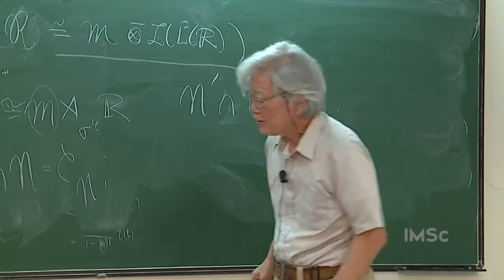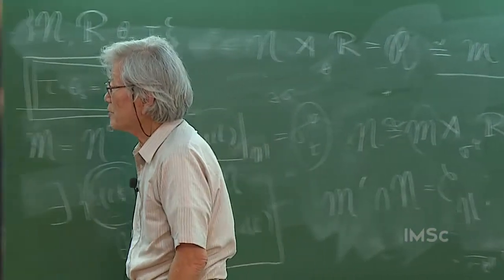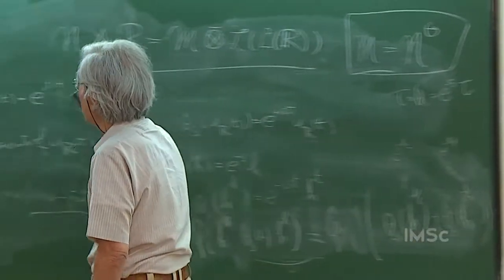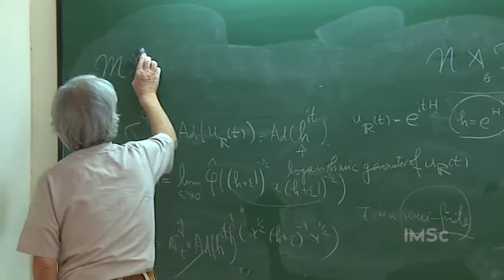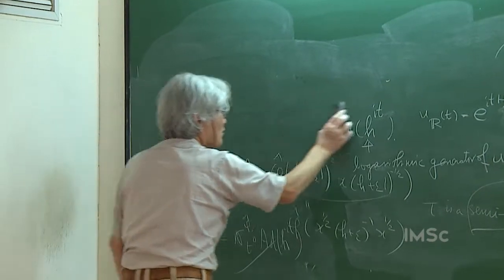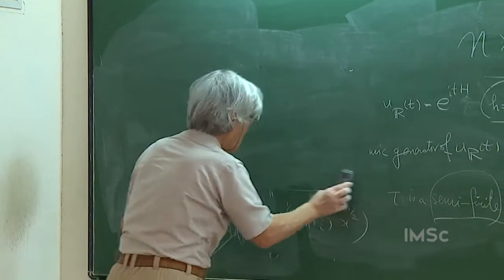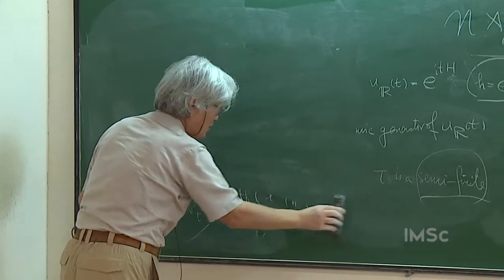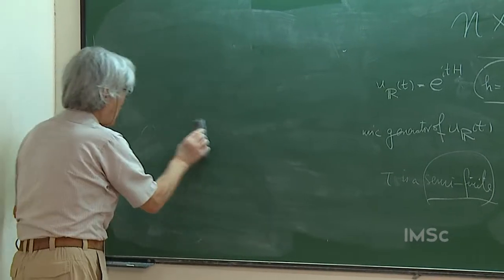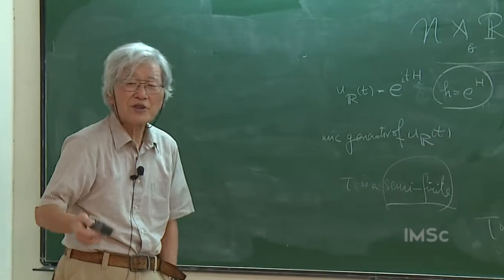Now let's go back to the plan I planned, the Arveson spectrum. So far, we worked on the cross product. That means going out from the original algebra.